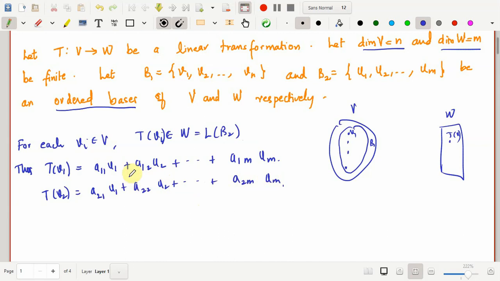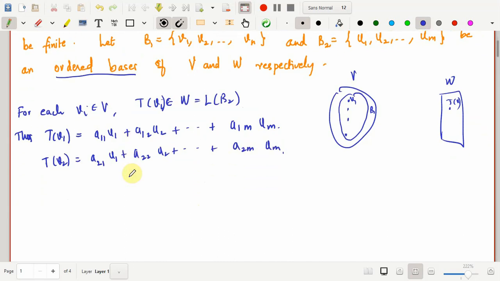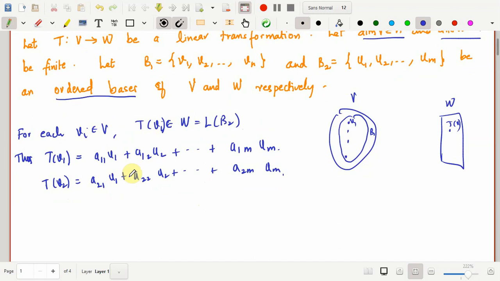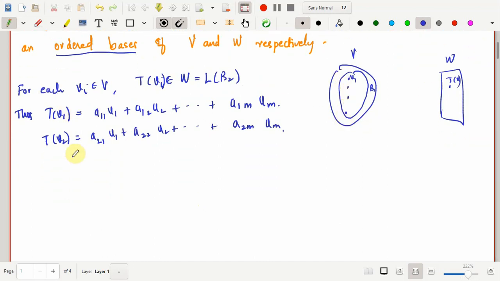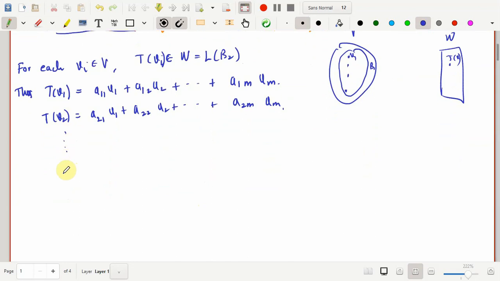We don't know what those scalars are, but we are sure that each T of vi can be expressed in terms of the elements of B2. We look at each of the images of v1, v2 till vn. So T of vn will be an1 u1 plus an2 u2, and this goes on till anm um.